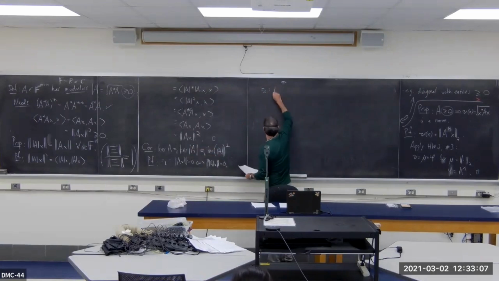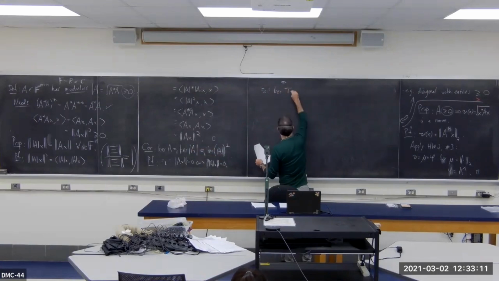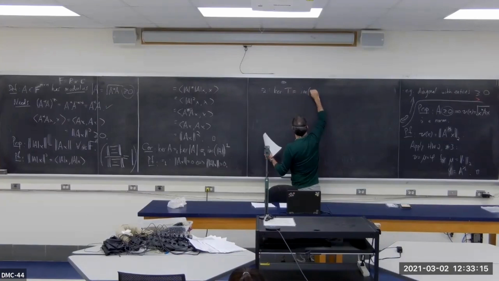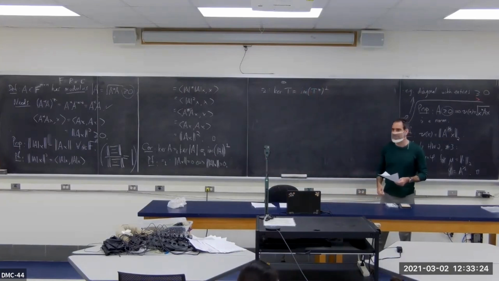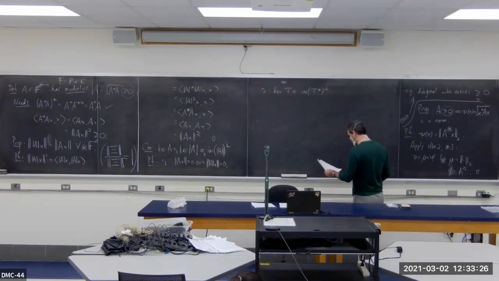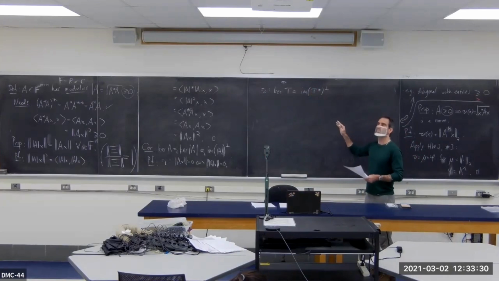The kernel of any linear operator T is the image of T star perp. So I claim that this is actually the simplest thing. It comes down to 221 stuff. And when I say it comes down to, I mean, as soon as I write down what I'm about to write down, it'll be like, oh, right, yeah, okay.